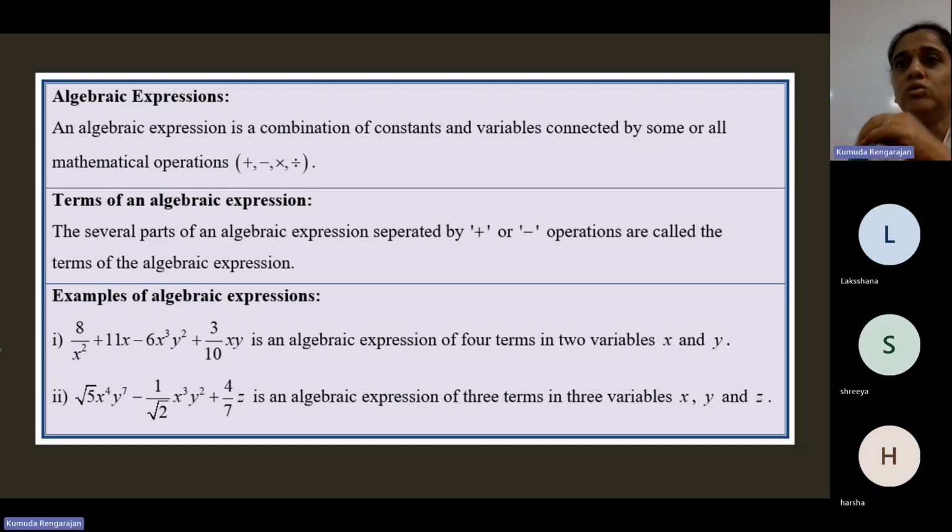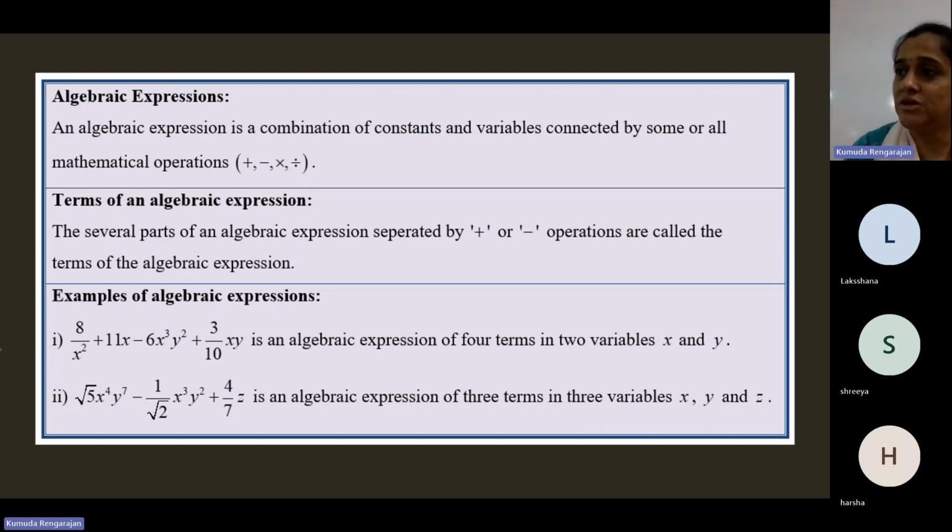Now, to decide if that algebraic expression is a polynomial, you have to check the powers of the variable or the variables involved. If there's one variable, check the power. More than one variable, check the power. So check the powers of the variable or variables involved, in every term.